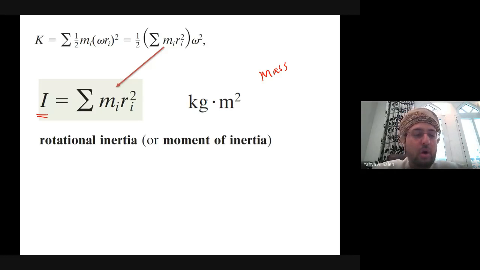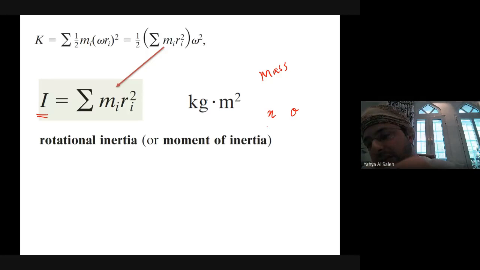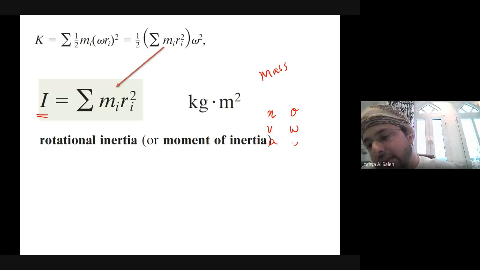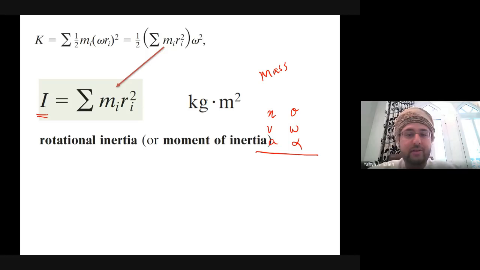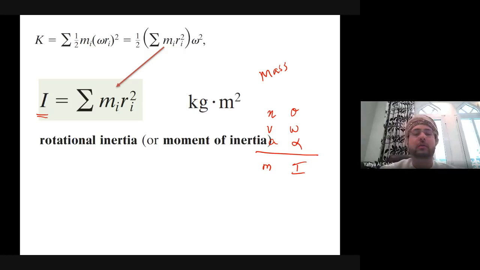Now, the fact that we're calling this rotational inertia should tell you something. Just like we said x, theta, v, omega, a, alpha, there are direct relationships between these. There is no direct relationship between what I'm about to write, but it's the easiest way for me personally to remember: mass and inertia.